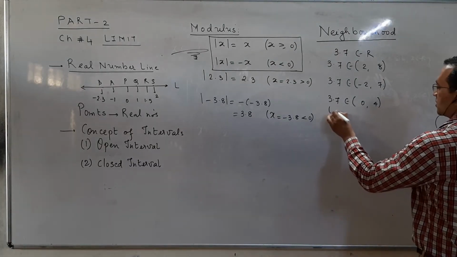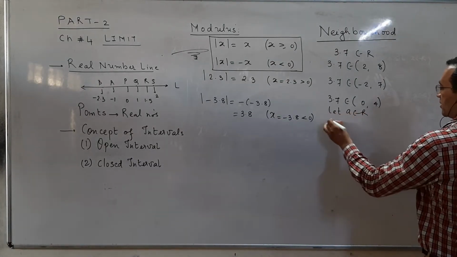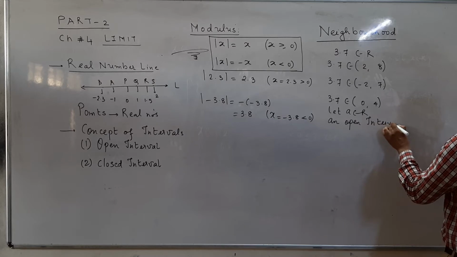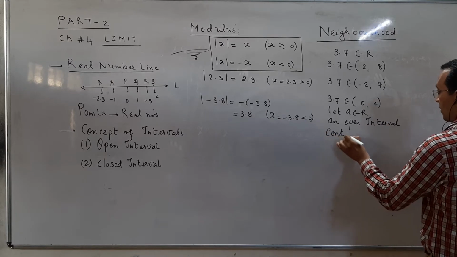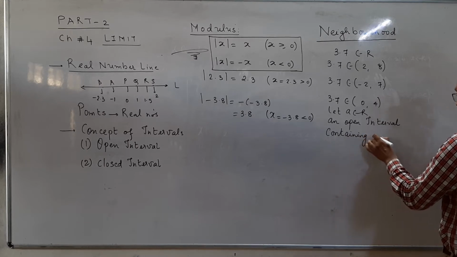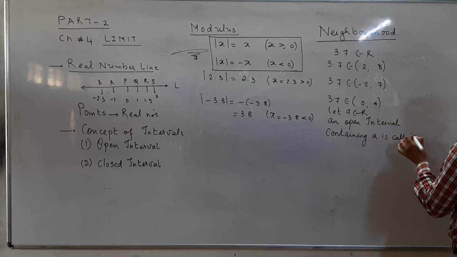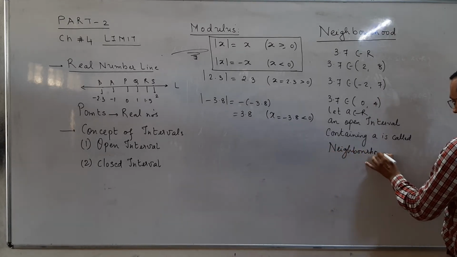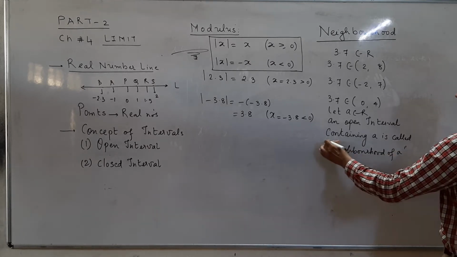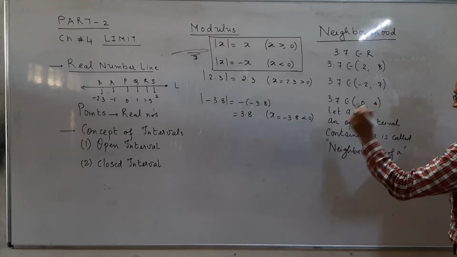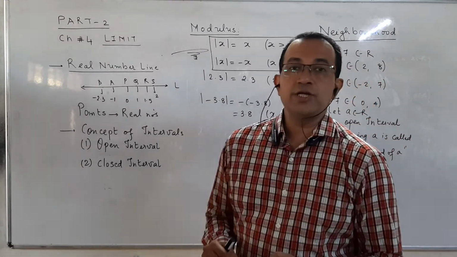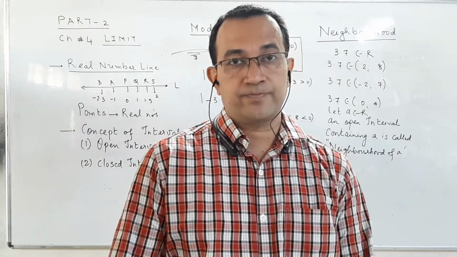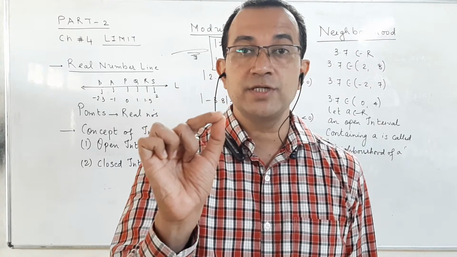So what is the definition? Let A belong to R. An open interval, mind you, it is a definition, an open interval containing A is called a neighborhood of A. So in general, any open interval containing a real number A, mind you, according to the definition, which interval?